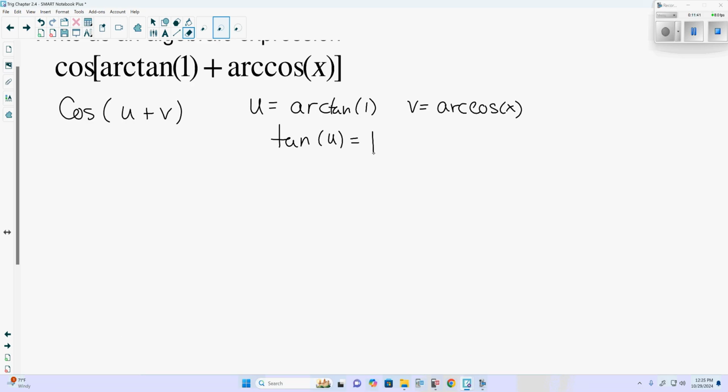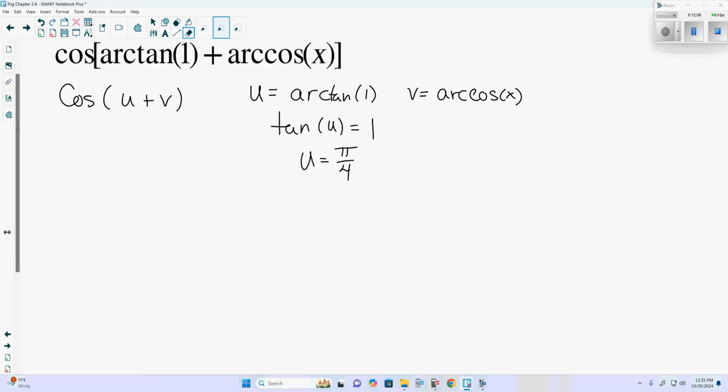And there's one place that tangent of u equals 1, and that's when our u, our angle, is pi over 4. And that's kind of nice to know because our pi over 4, especially with tangent, is going to be 1 or negative 1. If we have a radian value with denominator 4, it's going to be 1 or negative 1.